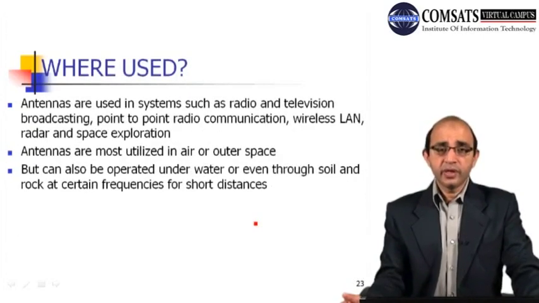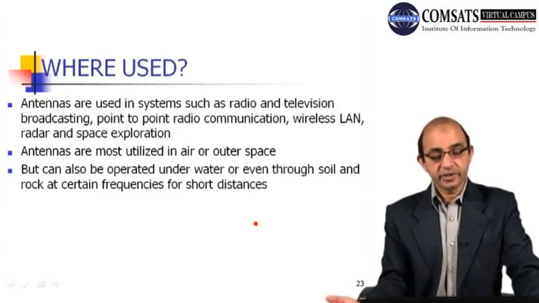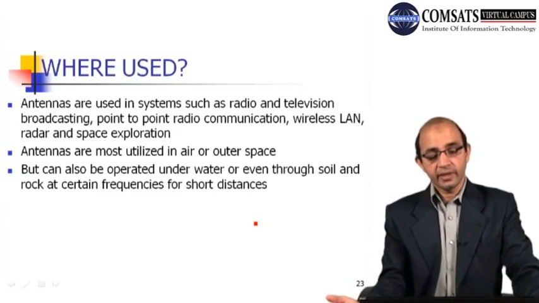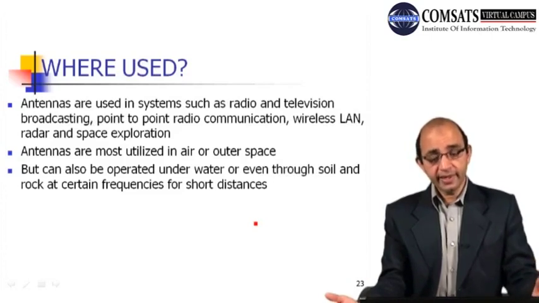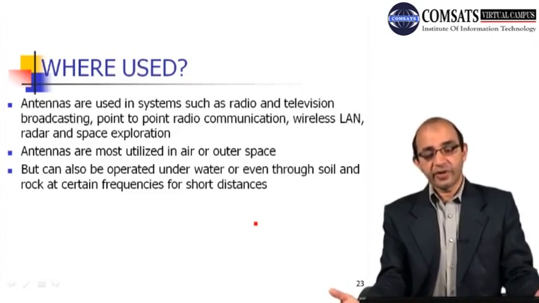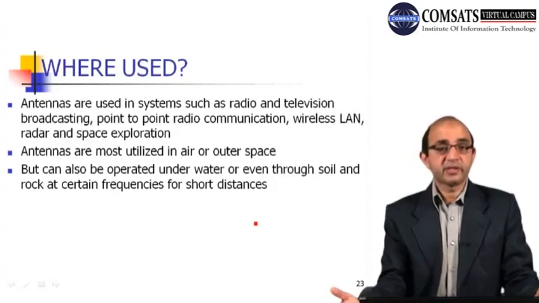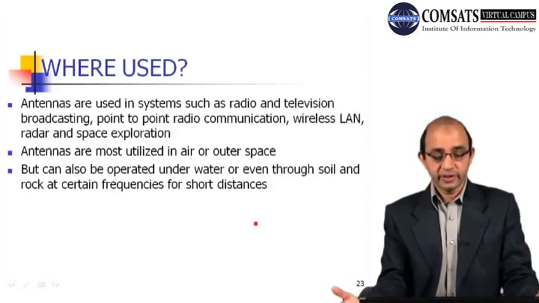So then we can ask ourselves where to use them. Antennas are used in systems such as radio and television broadcasting, point-to-point radio communication, wireless LANs, wireless communication, Wi-Fi, radar, and space exploration, when we talk about satellite communication.